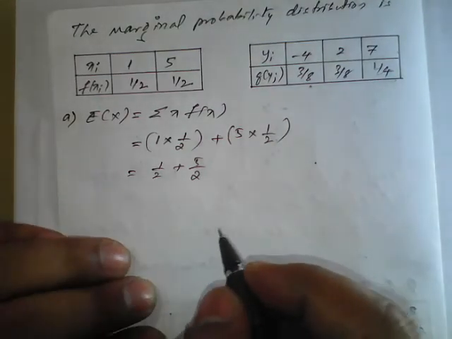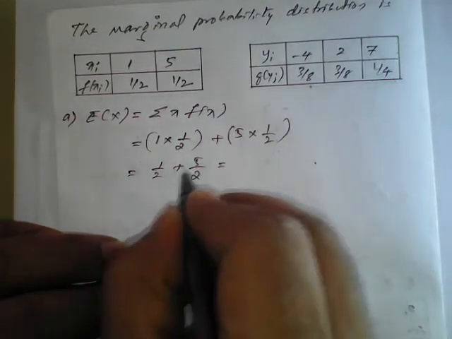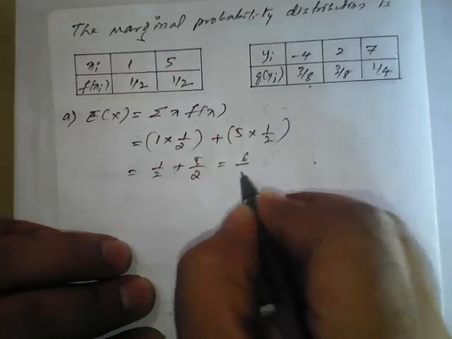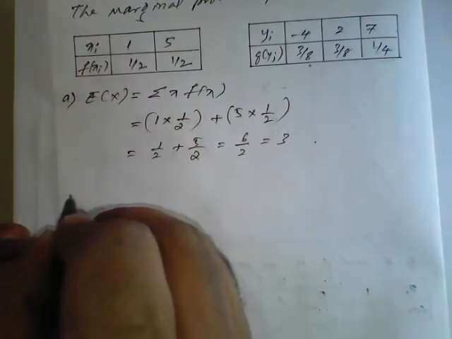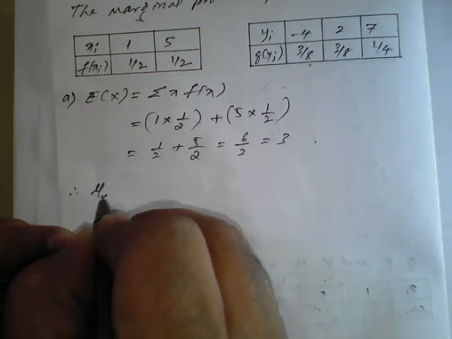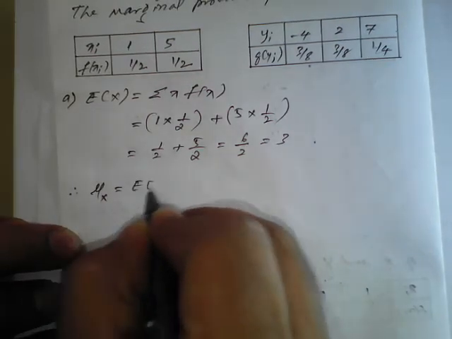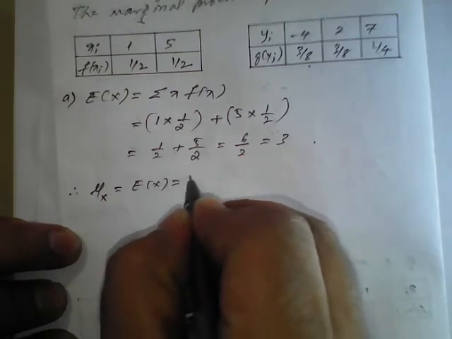The result is 5 plus 1 is 6 by 2, which is 3. Therefore mu of x, which is the expectation of x, is equal to 3.